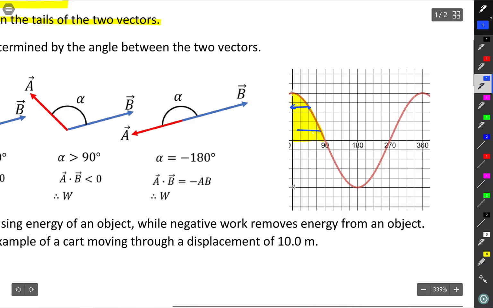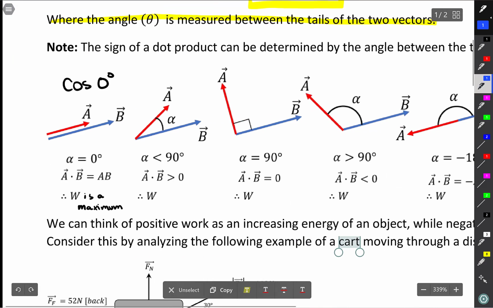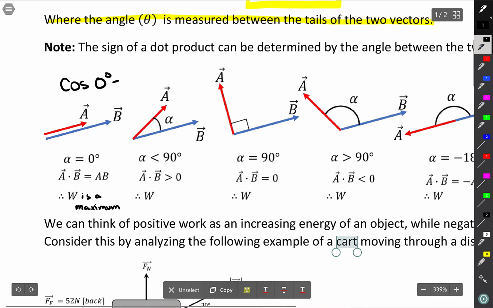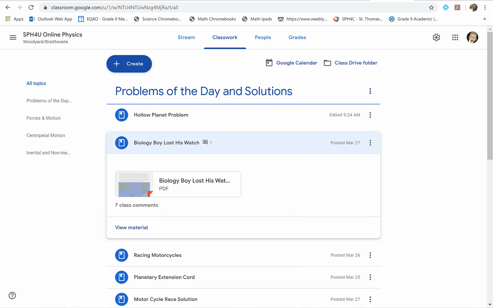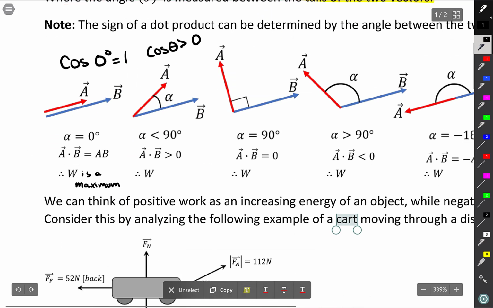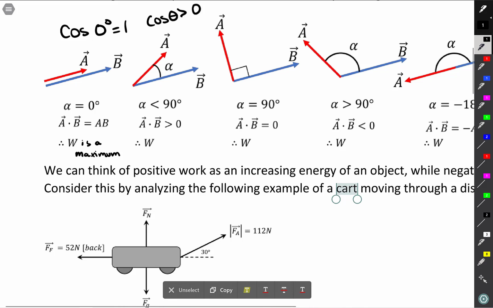If you take something closer to 90, you still get a positive value, and we're talking about the y-axis, right? So that means that the cosine of the angle will be larger than 0, which results in the dot product being larger than 0, because the magnitude of a vector can't be negative. So that means that we will get that work is greater than 0 in this case.